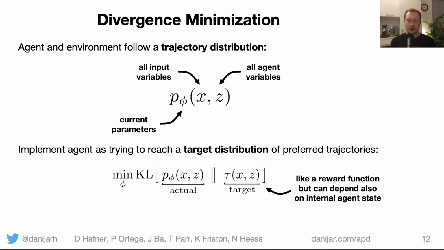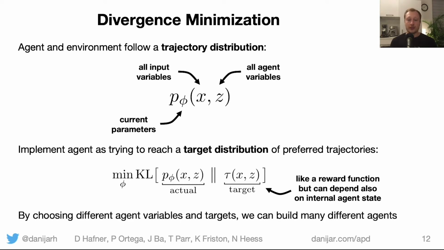The target distribution, or simply target, is similar to a reward function, but it is more general because it's not only a function of each individual time step, but of the sequence of all time steps, so there can be dependencies, and it is also a function of the agent's internal variables and its actions. So by choosing different sets of agent variables and different target distributions, we can now implement many different agents.